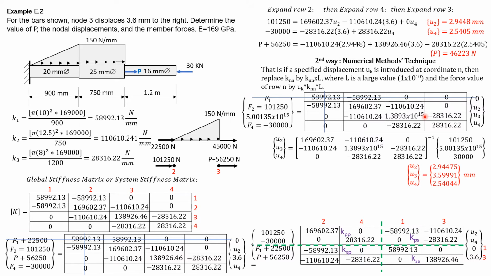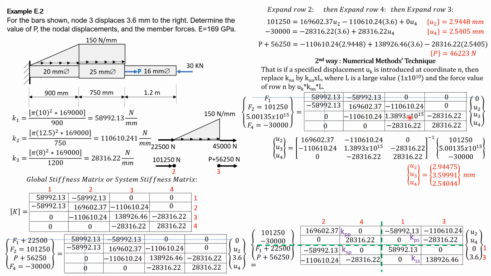And the force value of that row is replaced by this cell here, which is 1.3893 times 10 to the 15, times the specified displacement. So you have to replace the first value here by the specified displacement times the value here after we multiply by a very large value.